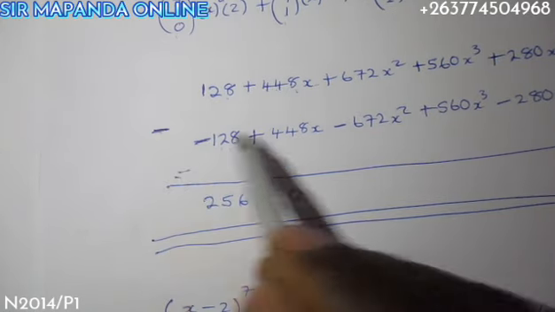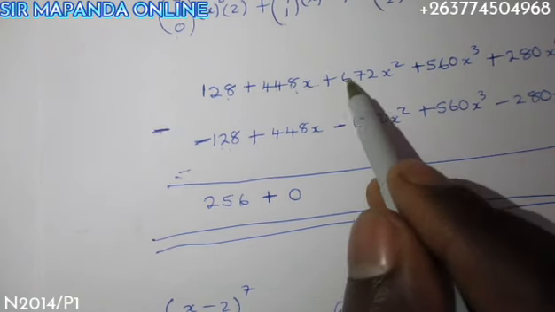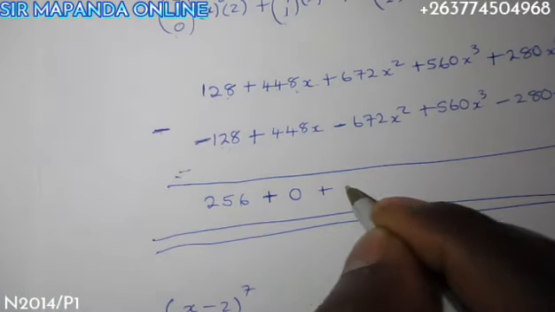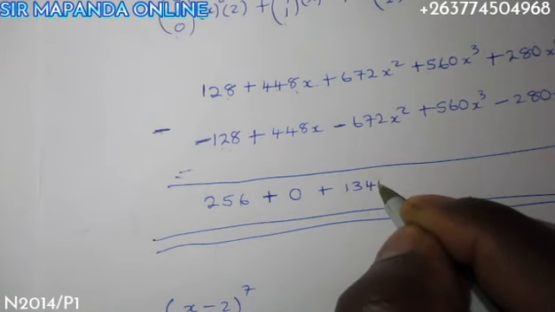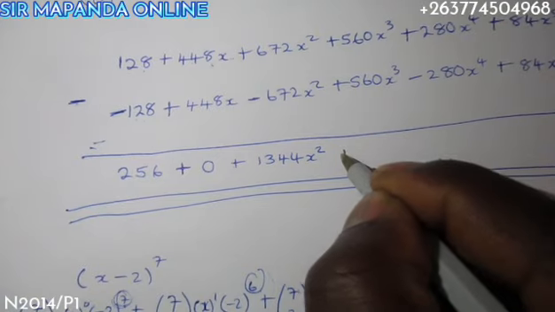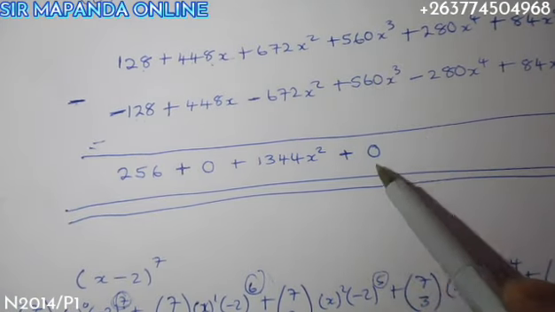Then minus and minus here, they become plus. So it simply means 672 plus 672. You get 1344x squared. Then this one is going to give you 0. 560 and 560, you get 0.